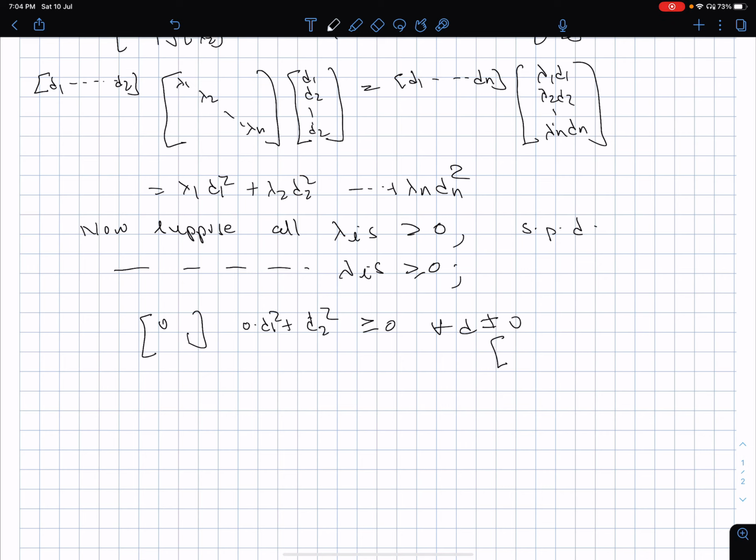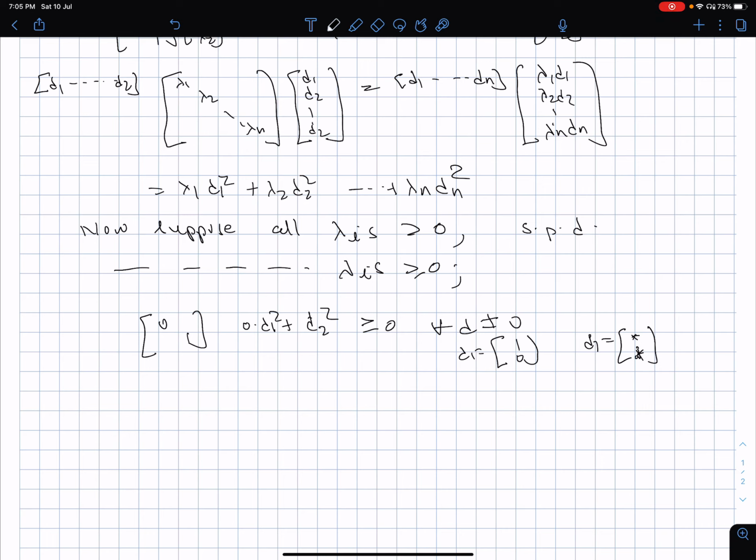Why? Because if you take d as (1, 0), you can get a 0 value, and for every other d, it doesn't matter what d1 is, as long as d2 is non-zero, this is going to be equal to d2 squared, which will always be greater than 0.